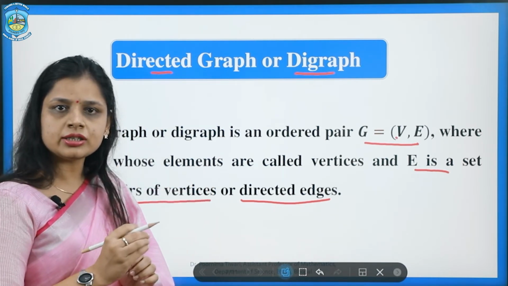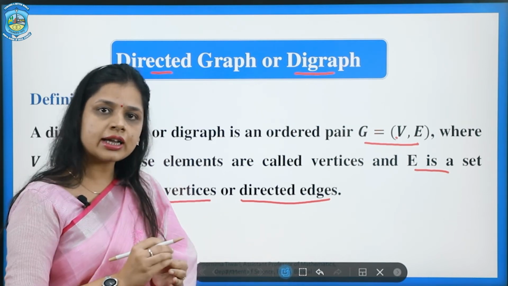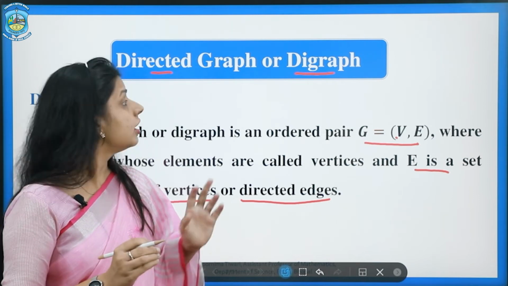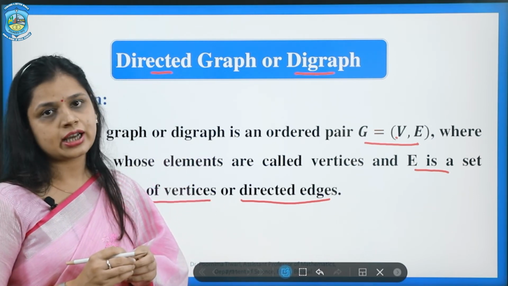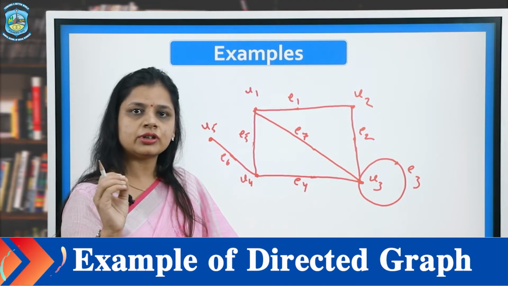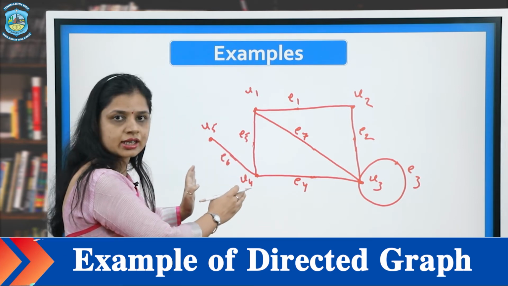It simply means that if in the undirected graph we assign a direction to each edge, then the graph becomes a directed graph or digraph.